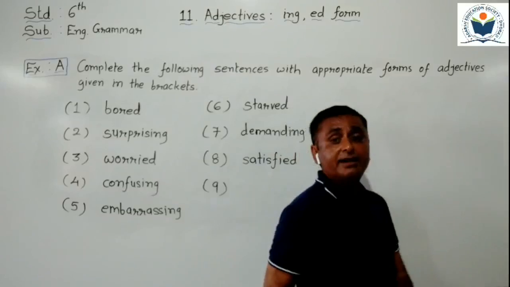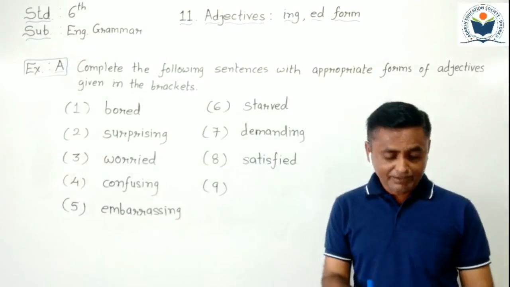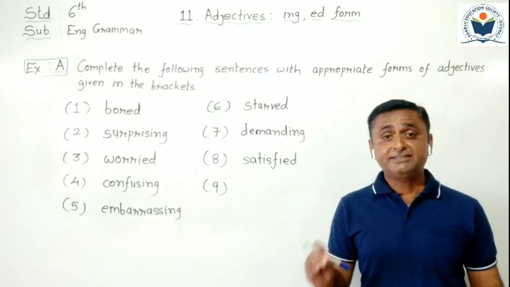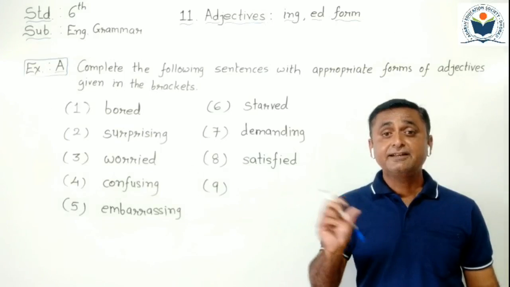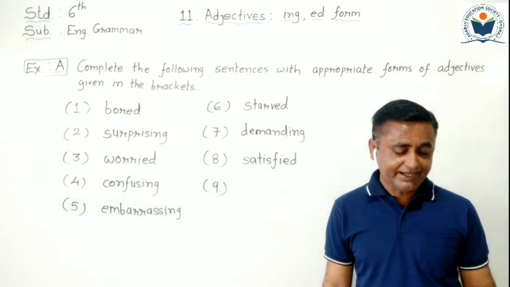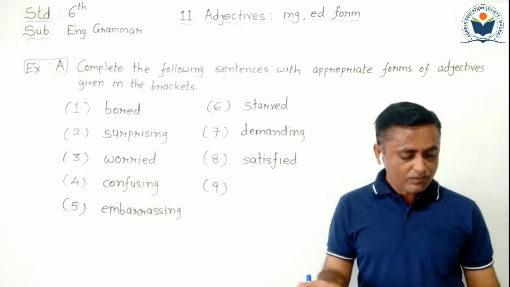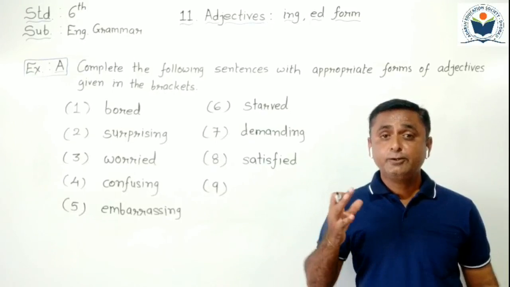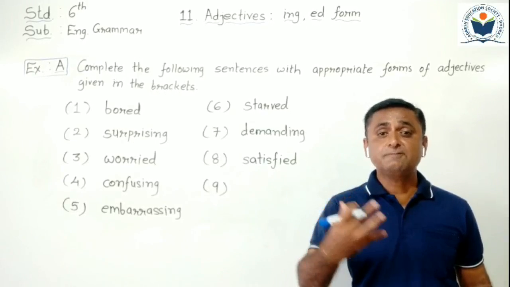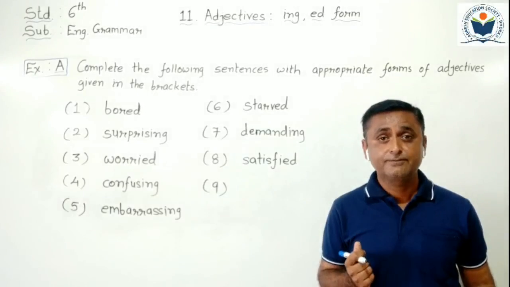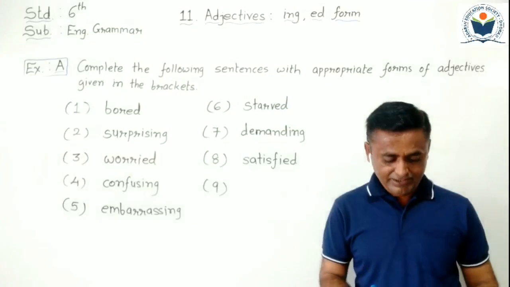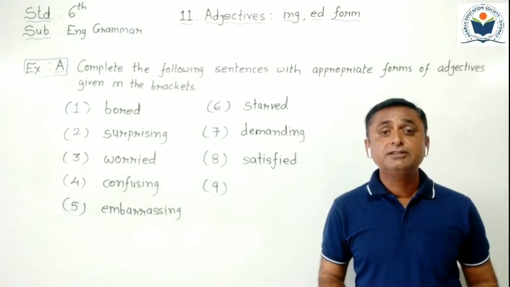Now blank number 9. See in your textbook: sleep now, you will wake up blank. In brackets the word relax is given here. Here we are talking about a person's feelings or emotions, so we use the ed form.